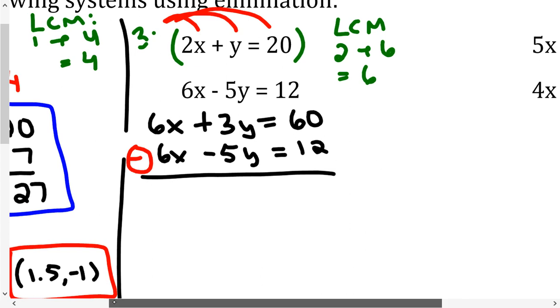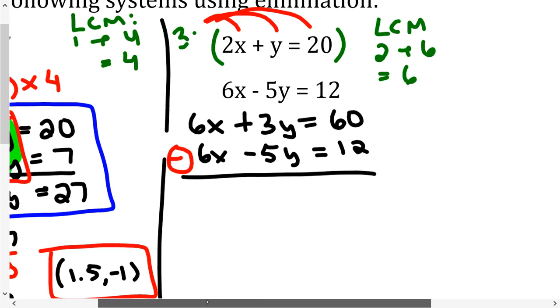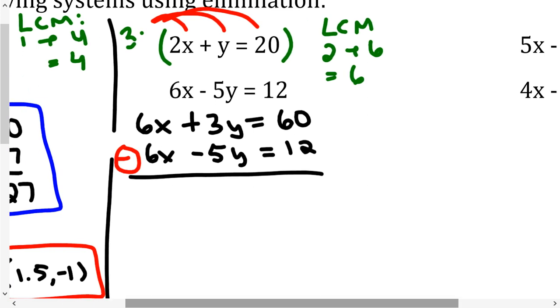So before we did some addition, right, because the positive 4 and the negative 4 canceled each other out with addition. Here, because our signs are exactly the same, those x's are going to cancel each other out with subtraction. I have 6 x's. I need to lose 6 x's in order for them to be eliminated, to disappear. So 6 minus 6, I get 0x, right? That was my goal.